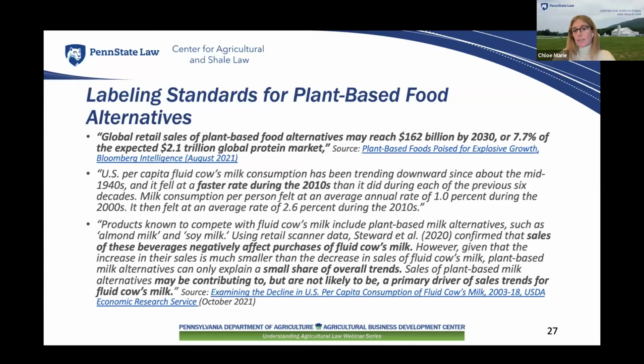According to the USDA, there has been a persistent downward trend in US per capita consumption of fluid cow's milk, and the agency confirmed that the rise in sales of plant-based milk is competing with and is a factor in the decrease in sales of dairy milk, even if it represents only a small share of overall sales trends.